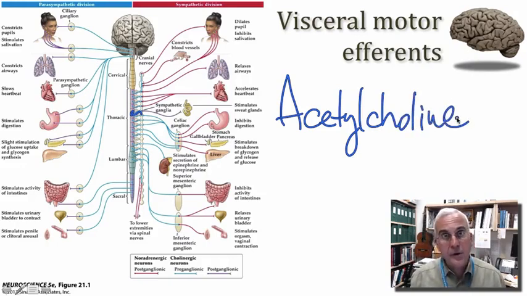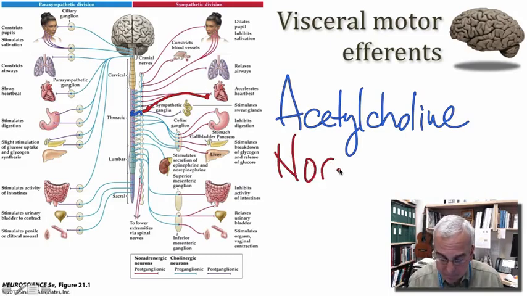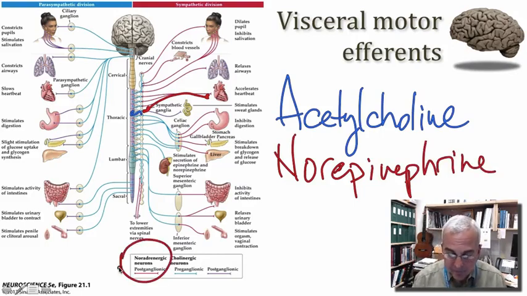Now, the neurotransmitter of the postganglionic neuron, that is the neuron that connects the ganglion itself to the end target here, is norepinephrine. So the modifier that we use to describe that is noradrenergic.